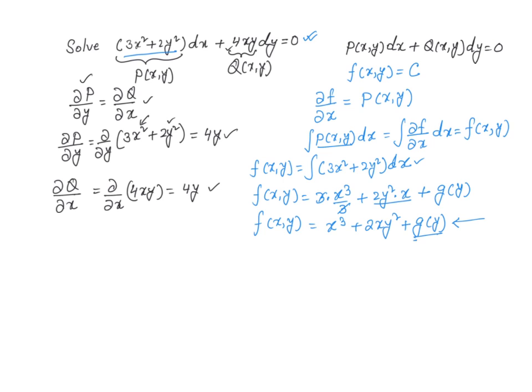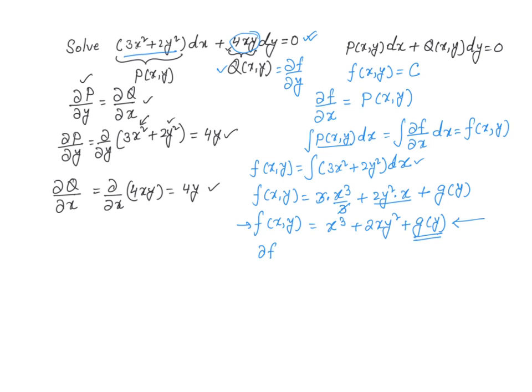Now, in theory, we found a function f(x, y). However, we still do not know what g(y) is. Can we find this? The answer is yes, because Q(x, y) is nothing but ∂f/∂y. So if I take this function and take the partial derivative with respect to y, that has to be equal to Q(x, y), which is 4xy.